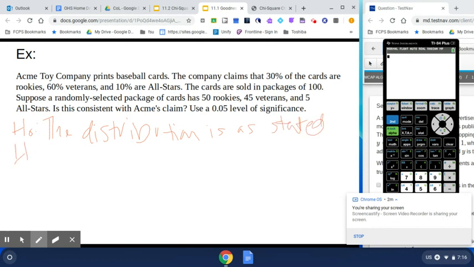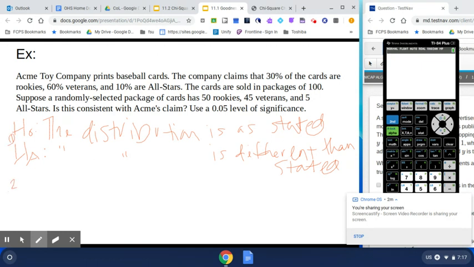The alternative hypothesis is that at least one of those percentages is changing. So the distribution is different than stated. Sorry, my handwriting is so terrible on this Chromebook, guys. Okay, so that's step number 1.